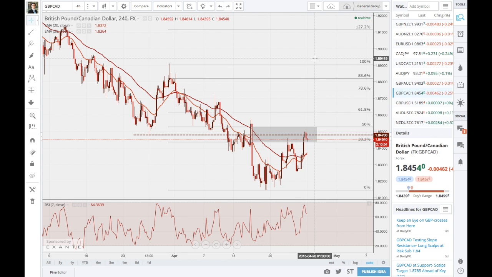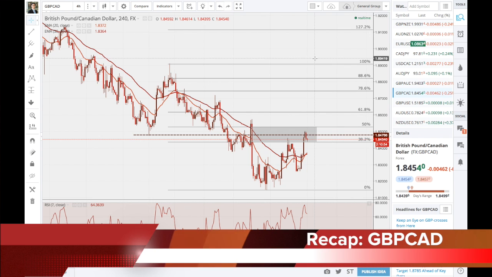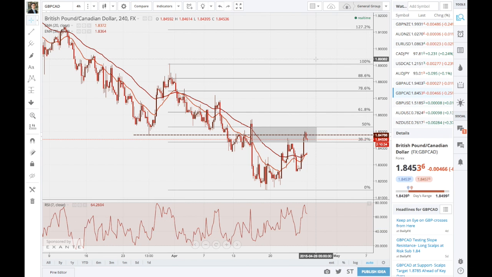So the first pair that I would like to quickly do a recap on is the pound Canadian dollar. This pair we did this analysis for in last week's video, and the levels that we are looking at are around this region. We can see that price has indeed pulled back to this region, and we can see the candle being rejected. We have a kind of bullish as well as bearish engulfing.